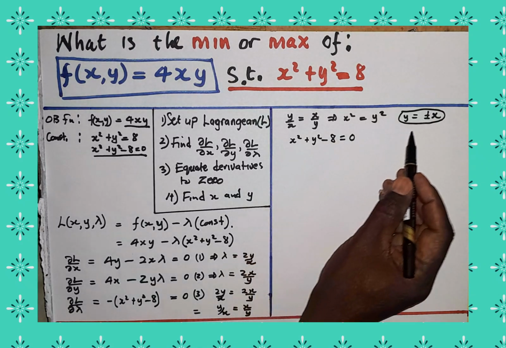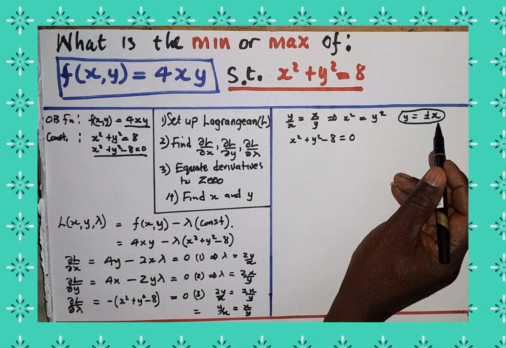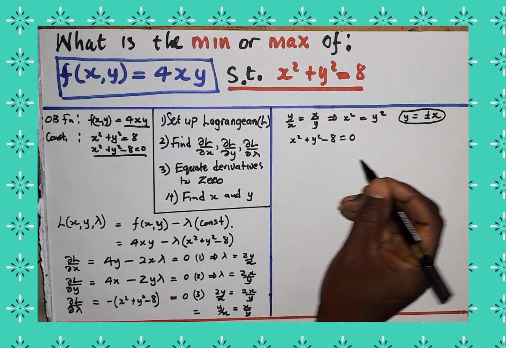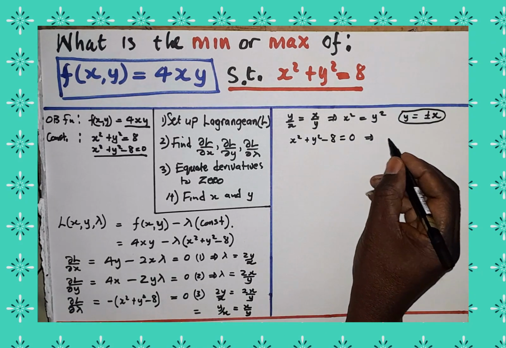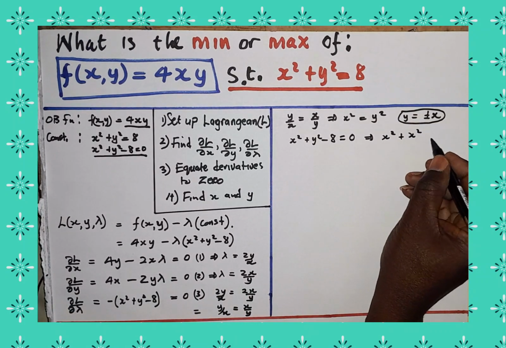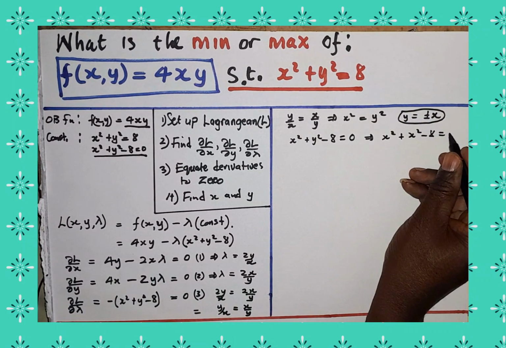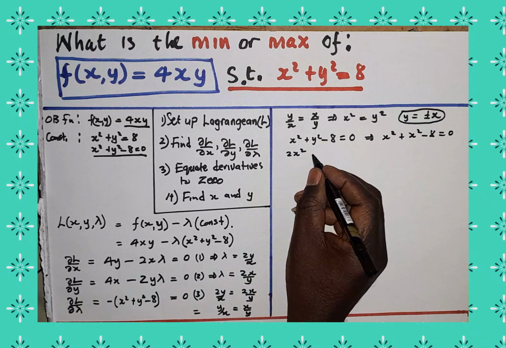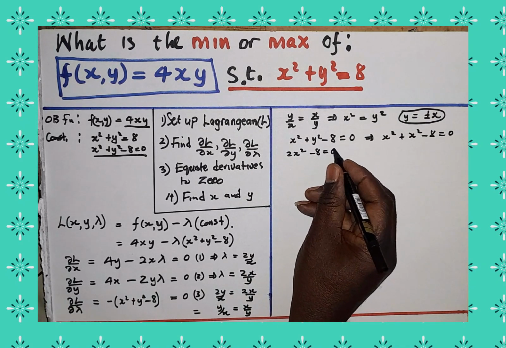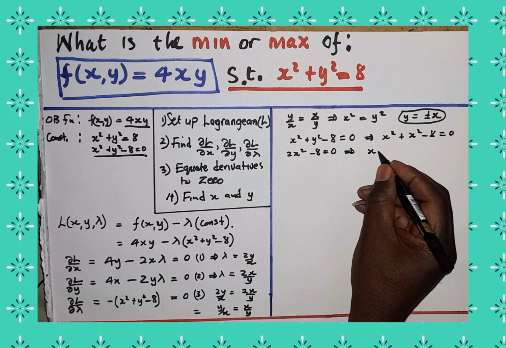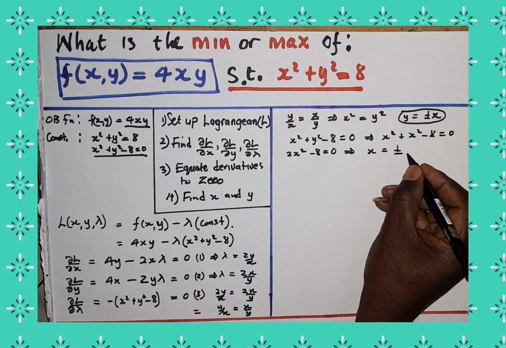Now, we have discovered that y is equal to plus or minus x. So instead of y, we can write our x there to get, this implies that x squared plus x squared minus 8 is equal to 0. 2x squared minus 8 is equal to 0, from which we can conclude that x is equal to plus or minus 2.